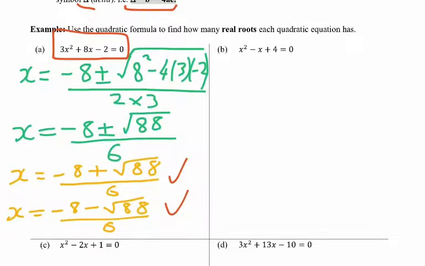In this one we have a equals 1, b equals minus 1, and c equals 4.